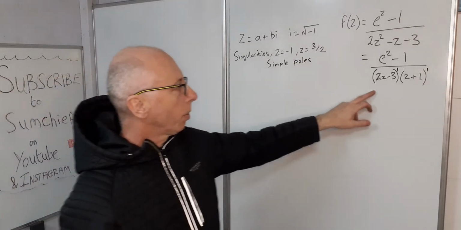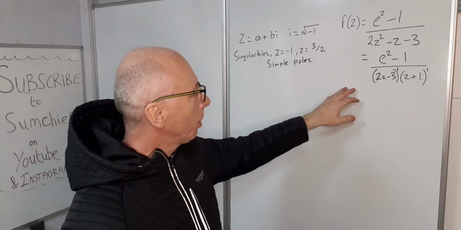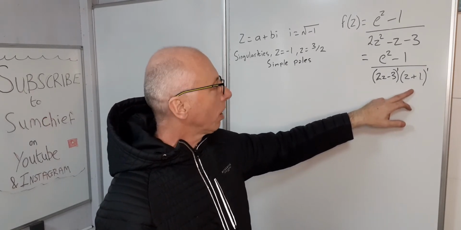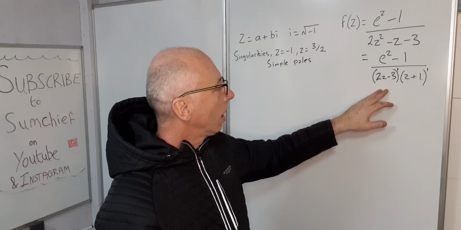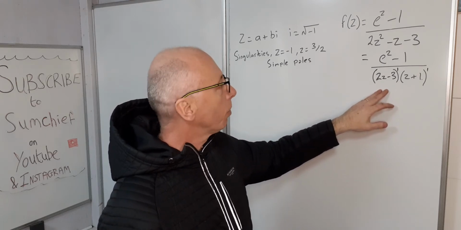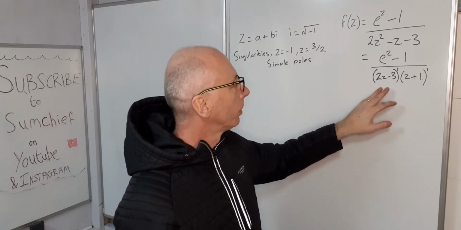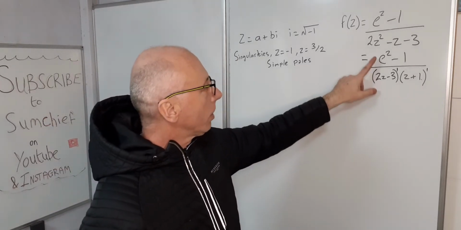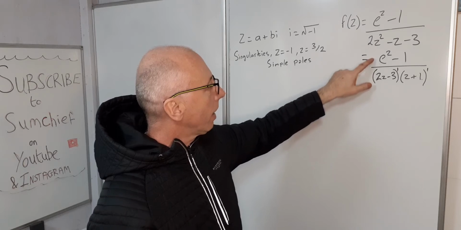Okay, now we need to apply the residue theorem. So how are we going to go about that? The Laurent series is a bit complicated, a bit messy. The best way would be to use the cover-up rule. For the cover-up method to be valid, we need to know that f is analytic everywhere.